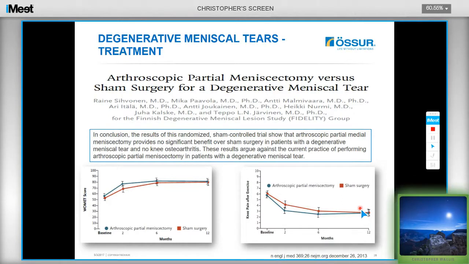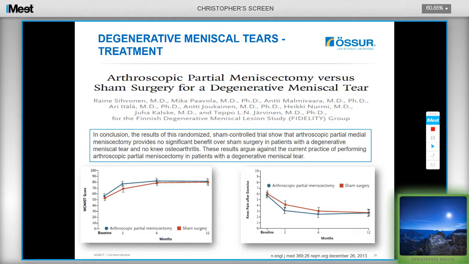More recently, this was an article from 2013 that compared patients with degenerative meniscal tears that underwent either a partial meniscectomy or sham surgery. A very interesting trial, where all patients were under the impression that they would have a partial meniscectomy, and obviously they would have approved being a part of this trial. But 50% were given a partial meniscectomy. The others just had a scope put in their knee and nothing done.